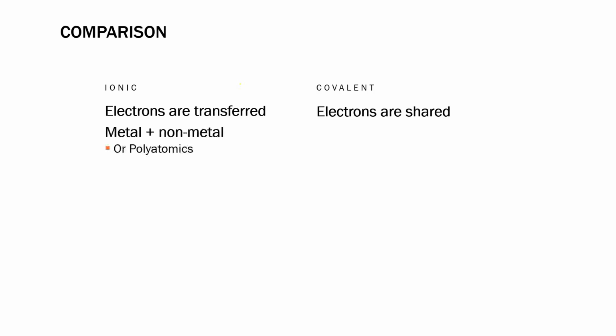Second, here's one way you can tell. If you have the formula and it starts with a metal or NH4, which is ammonium, then you know this is an ionic compound.